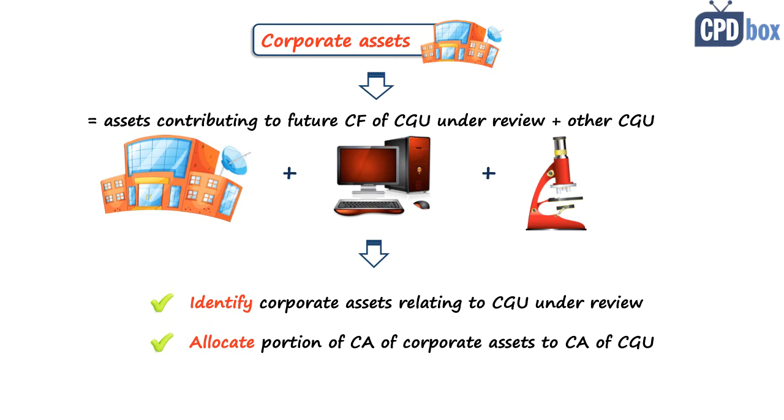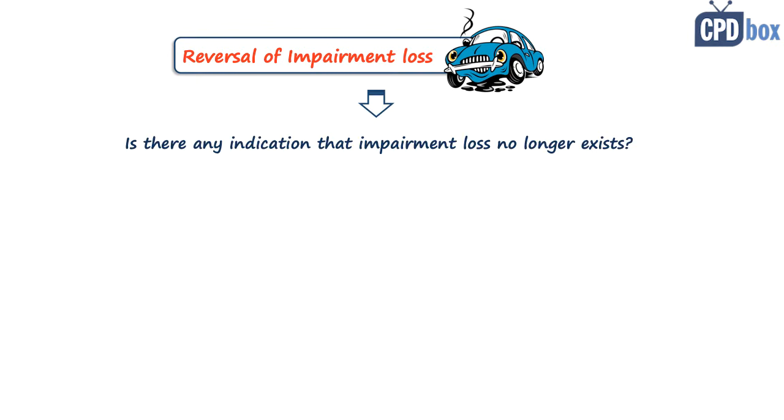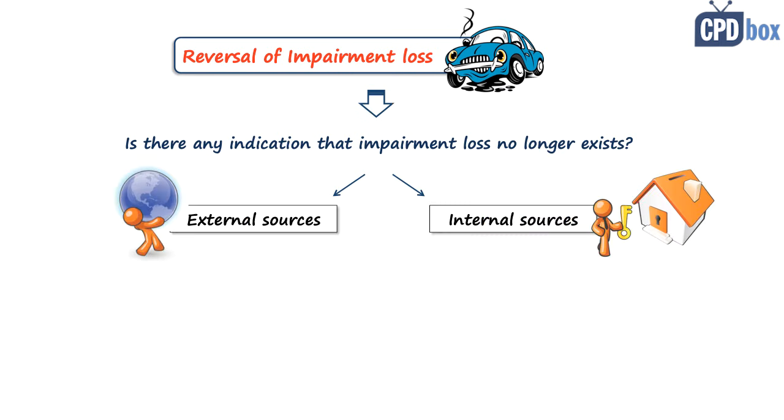Now, the last topic I want to cover in this video is reversal of impairment loss. When you recognized impairment loss in previous period, you still need to assess whether there is some indication that the loss no longer exists or is smaller. And again, you have to assess certain indication from internal and external sources.